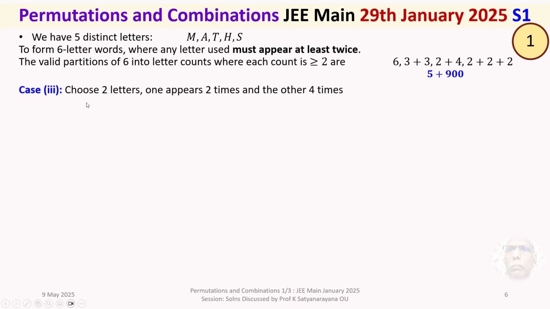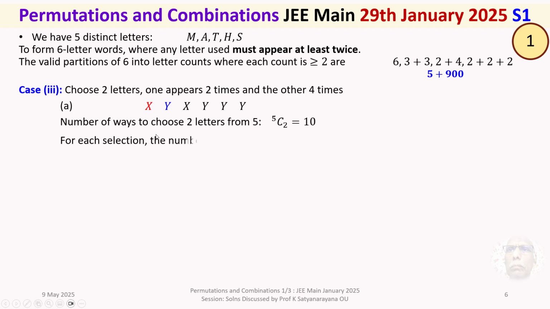Go to the next case, which is 2 plus 4. That is, choose 2 letters, one appears 2 times and the other appears 4 times. In this, 2 subcases will arise. X is appearing 2 times, Y is appearing 4 times. The number of ways to choose 2 letters from 5 letters is 5C2, which is 10.